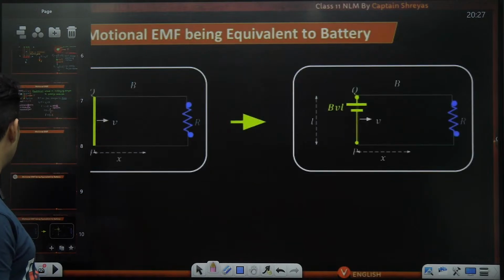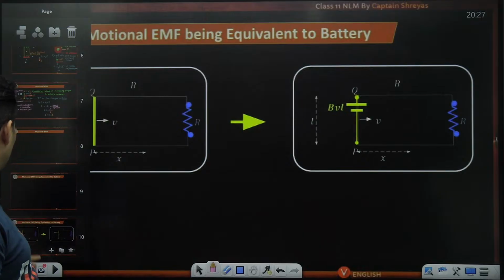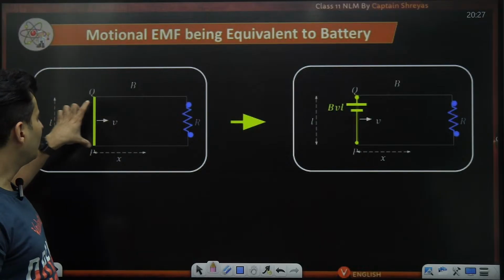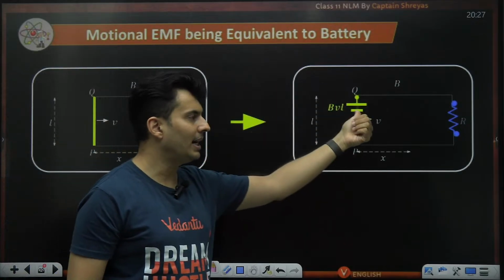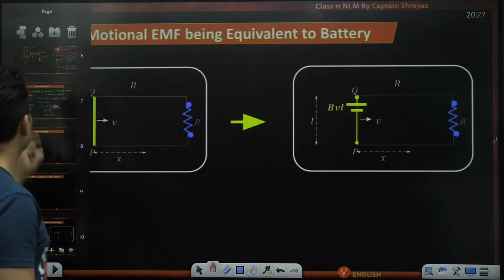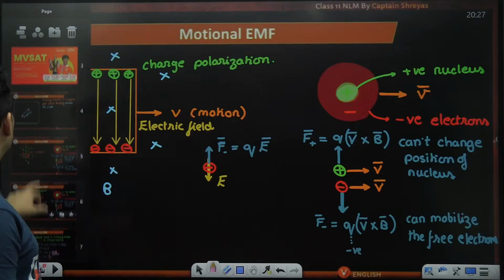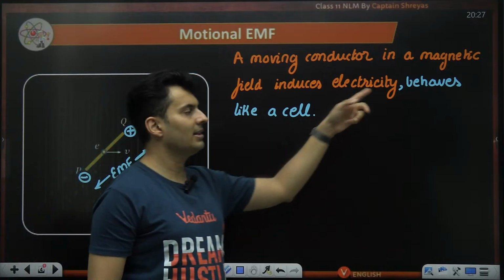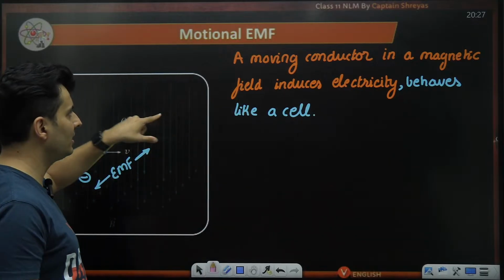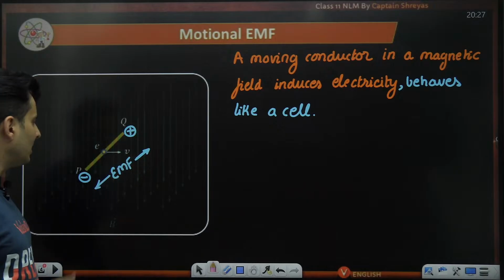Okay, before going there, I just wanted to also tell you that a moving conductor in a magnetic field can be treated like a battery, just like I had shown over here. A moving conductor in a magnetic field behaves like a cell because it produces voltage difference, and it has some EMF across it.